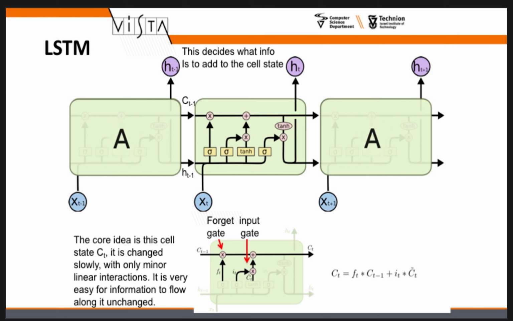In contrast to an RNN, where all information flows, we want only a small amount of information to flow to this state. We don't want all the information, we only want the significant part, the information that will help us as memory.